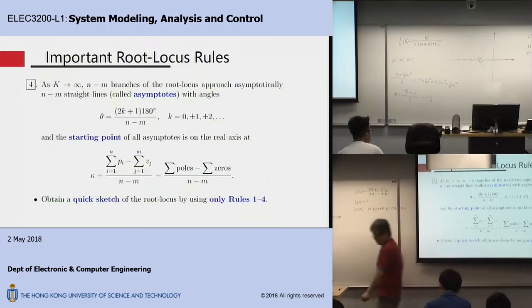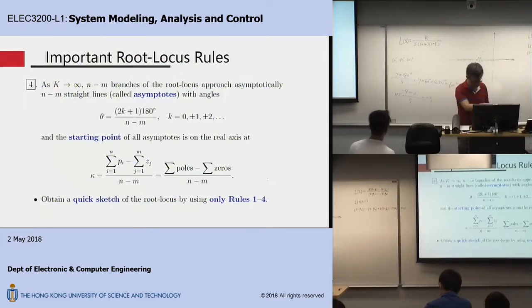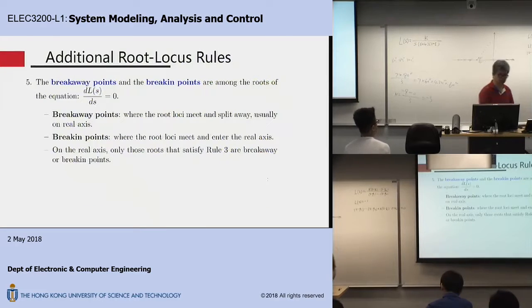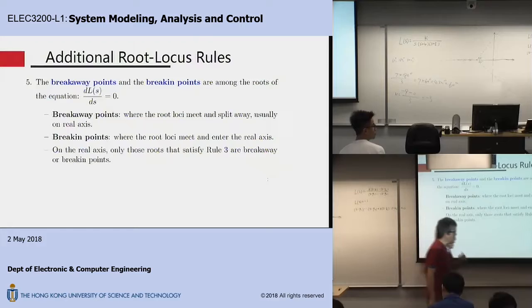So we have to follow another rule. Here it says obtain a quick sketch of the root locus by using only rules 1 to 4. I don't think rules 1 to 4 are enough. We need to look at the following rule, rule 5, which is about the breakaway points and the break-in points.